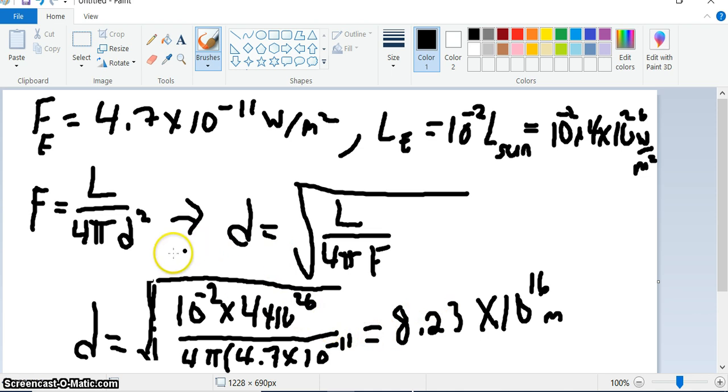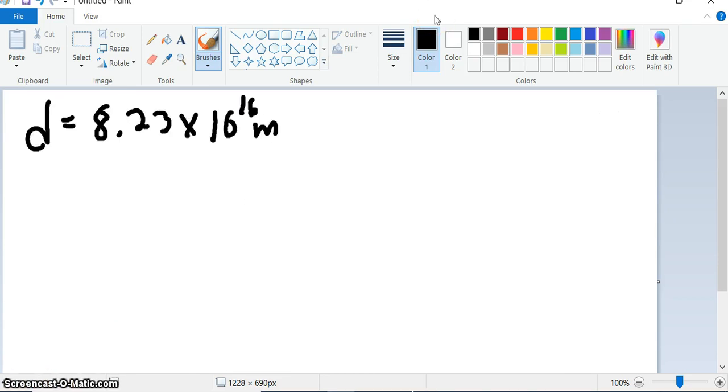Now let's convert meters to parsecs. One parsec is 3.1 times 10 to the 16th meters. I just made a new page here. This is what the distance turned out to be when we solved it, but we would like that not in meters but in parsecs.